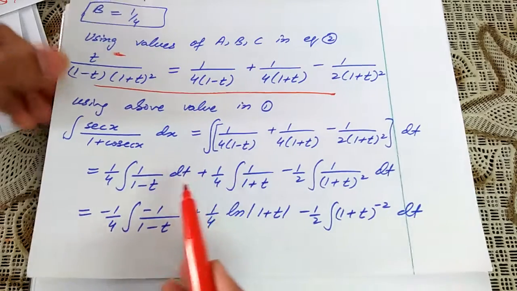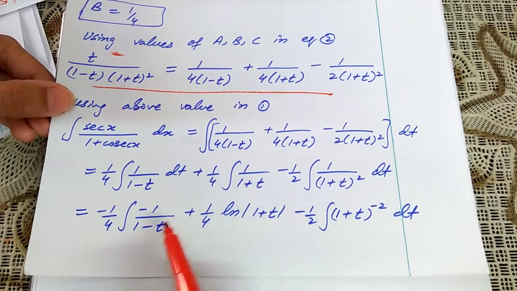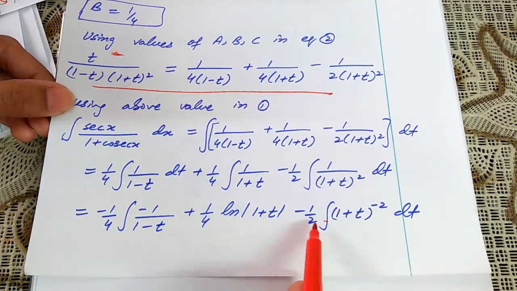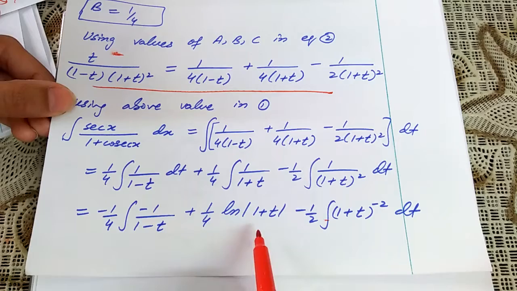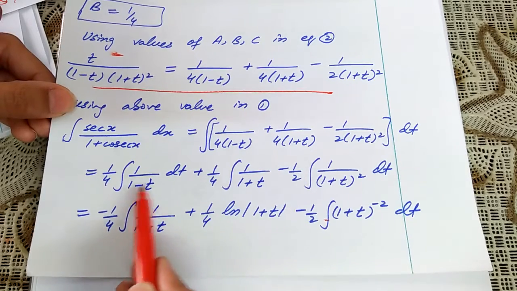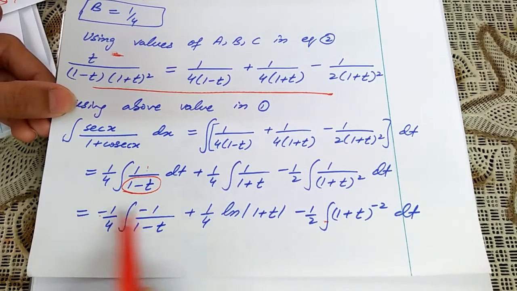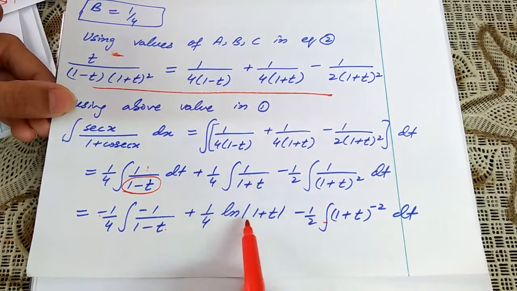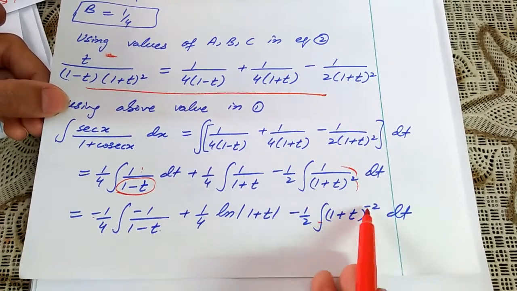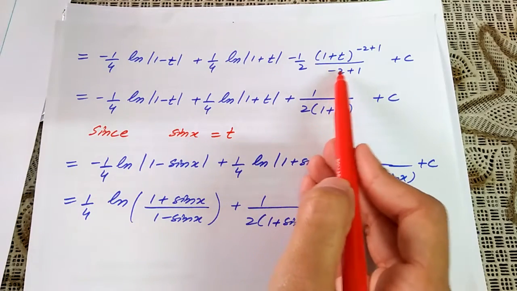This is the simple integration that we repeatedly did in the previous question. I need to make its derivative here, that will be minus 1, so multiply by minus 2 times. So it will be ln (1 minus t), ln (1 plus t), and this can be moved upside and integrated as this.